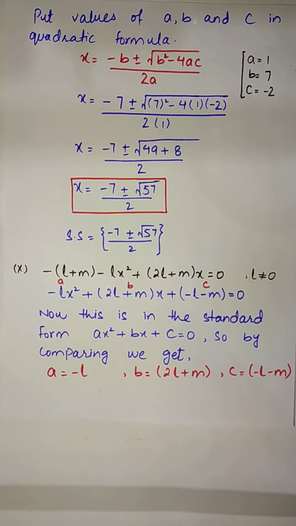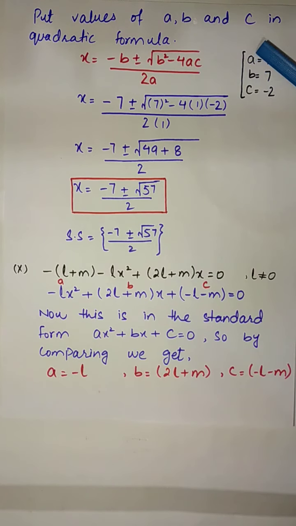Now we will put the values of a, b and c in the quadratic formula. First of all, we will write the quadratic formula because it's better. x is equal to minus b plus minus under root of b square minus 4ac by 2a. And now we will put the values of a, b and c, given here also.